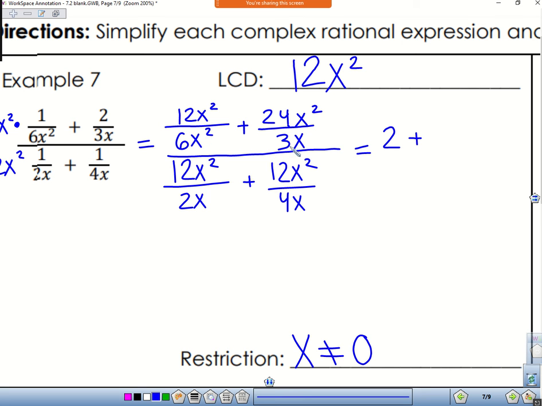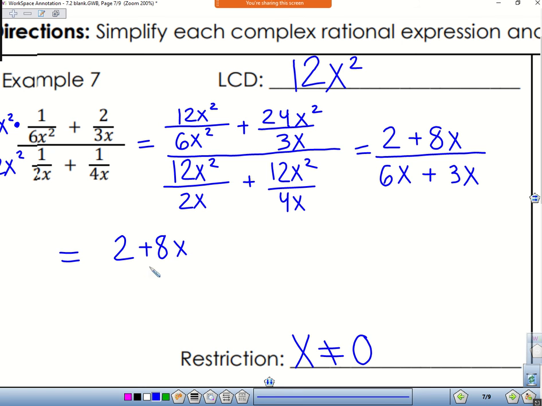Plus, and this is going to become 8x, all over. What's this one going to become? Good. Plus 3x. Then we can just simplify that. So we get 2 plus 8x all over 9x.